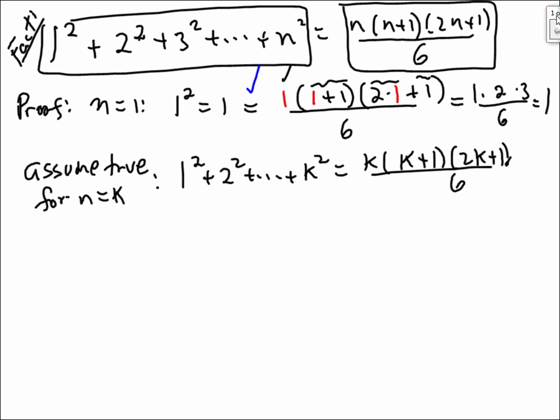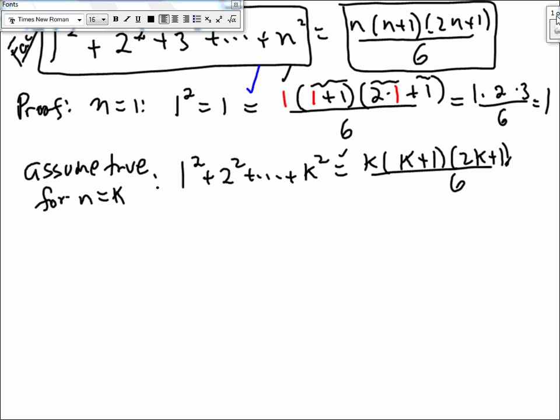And we're allowed to assume that this equal sign is valid. So far, we only know that it's true for k equals 1, because that's what we proved it for.